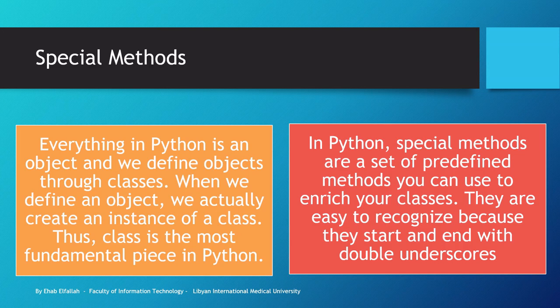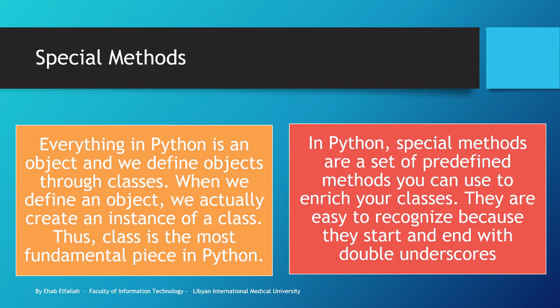When we write a class, we can write the attributes and the methods inside the class. The special methods are a set of predefined methods that you can use to enrich your classes, and they are easy to recognize because they start and end with double underscores.